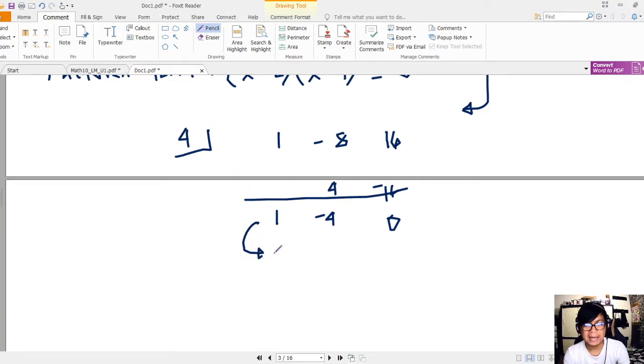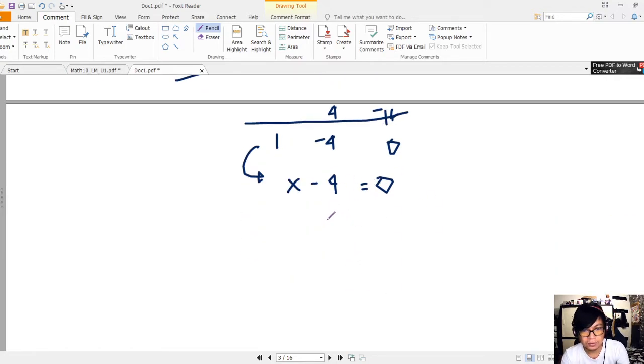Kung gusto niyo pang paliitin talaga yung ating equation, polynomial expression, pwede naman din. So, since x squared yun siya, minus 1 exponent, so naging x na lang siya, minus 4 is equal to 0. So, madali na lang kasi nasa linear siya. So, you can automatically identify the roots, that is x is equal to 4.